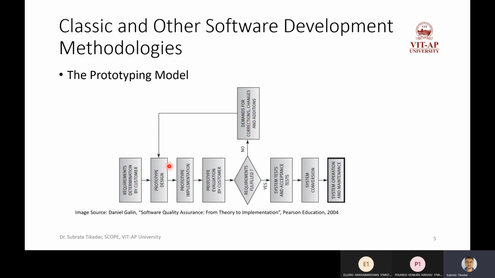And then again, according to that, the next level of prototype is designed, implemented, and sent to the customer to evaluate. If the customer is again not satisfied, then this cycle continues until they are satisfied, and after satisfaction the system is tested for the system test and acceptance test, and then the system is deployed as told earlier.